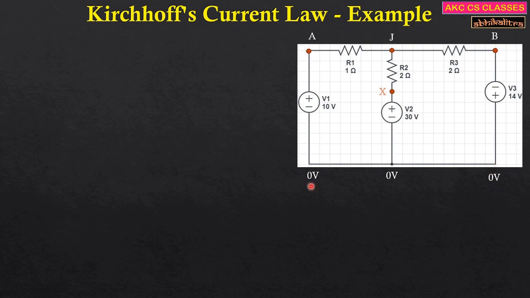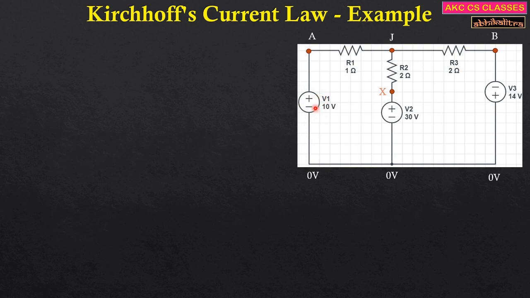Right, now we have to find the potential drop or rise at junction A. For that, if I consider that the current is moving in this direction, then it has encountered a voltage source. When we move in this direction, we are moving from a negative plate to a positive plate.